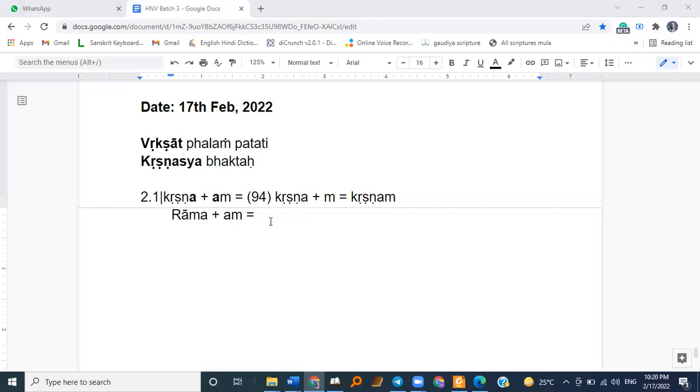Okay, so I think it's done. Rama Yukta: again, we have the Dashavatara at the first place, followed by Am. So we delete the Rama of Am, and we get Rama plus Am, and we combine them. Ramam.